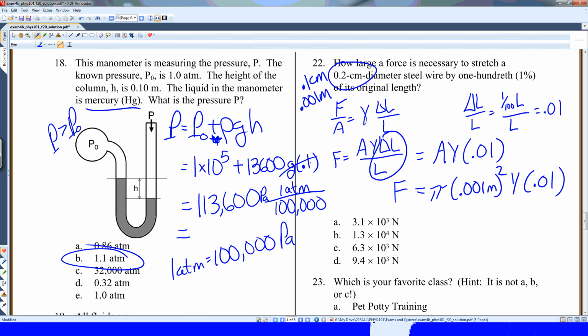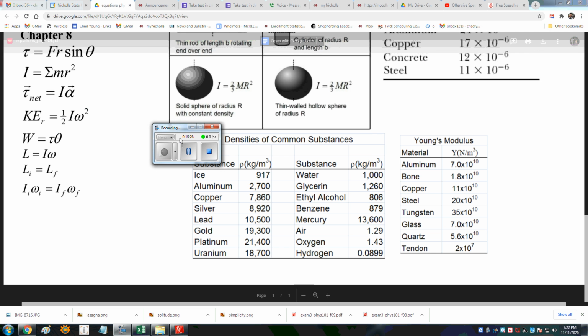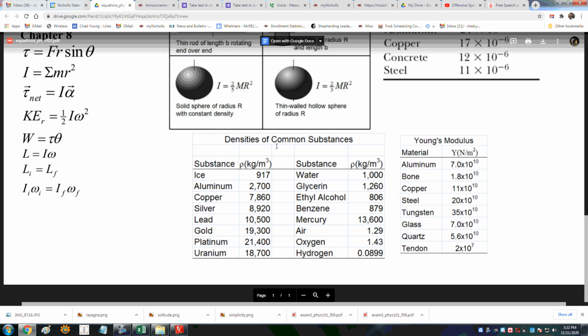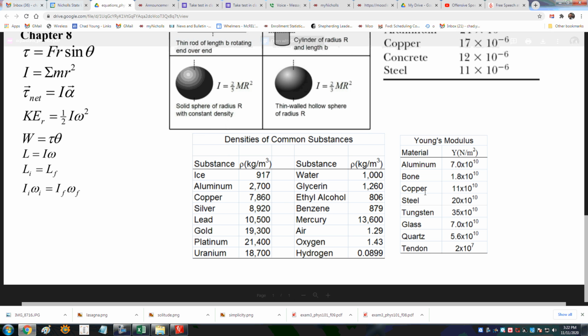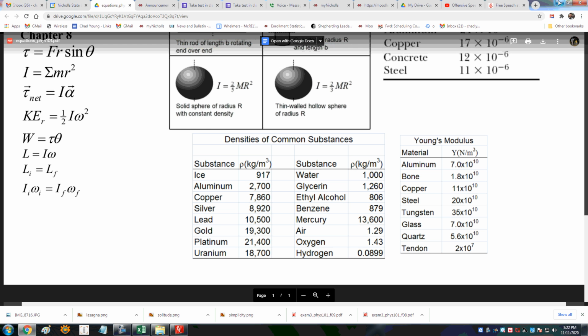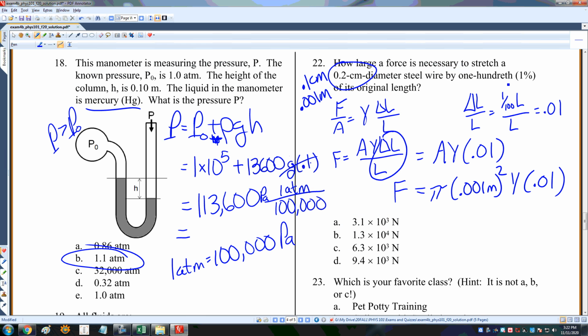Give me just a second, I have to find Y. It's on your equation sheet for steel. Okay, so on my equation sheet, I'm looking for Young's modulus for steel. Looks like it's 20 times 10 to the 10th. So that is pi times 0.001 squared, times 20 times 10 to the 10th, times 0.01.